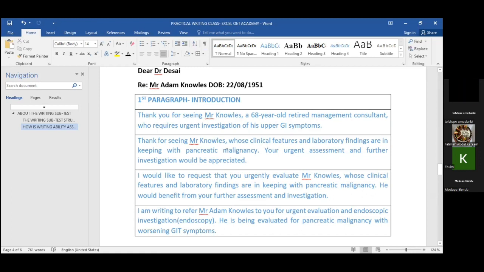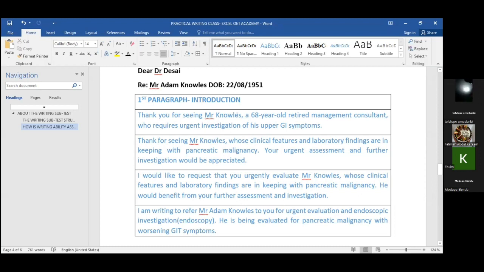But then I can also tweak it. I can say, thank you for seeing Mr. Adam Knows, who will benefit from your urgent assessment and further investigation. And then my next line will say, he is being managed for suspected pancreatic malignancy. Anyhow, there is no hard and fast rule for this.